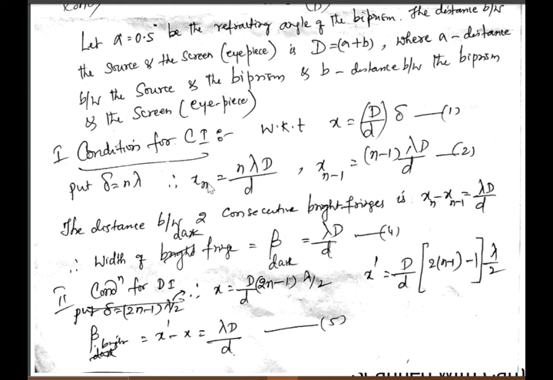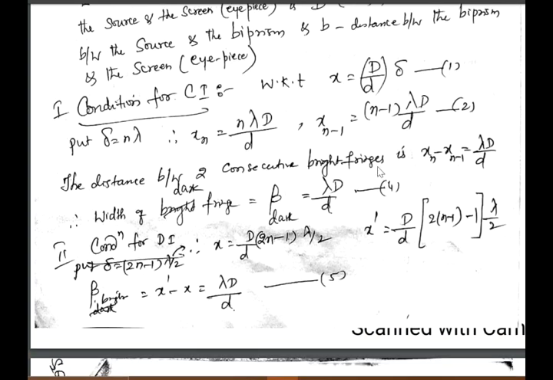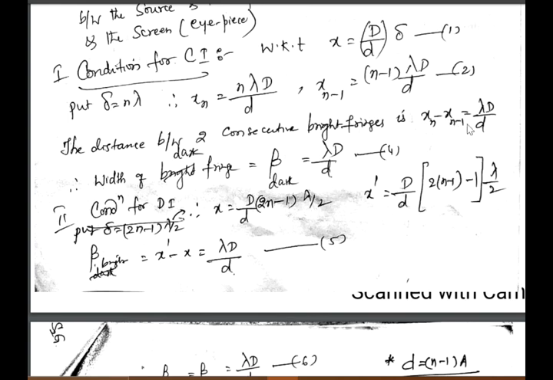Therefore, the distance of the nth bright fringe on the screen from the midpoint is given by x n is n lambda D by small d. Similarly, x n minus 1 is n minus 1 into lambda D by small d. That is equation 4. The distance between two consecutive bright fringes is x n minus x n minus 1. You will get, after simplifying, lambda D by small d. Therefore, the width of the dark fringe, which is in between two consecutive bright fringes, is given by lambda D by small d. So therefore, equation 4 gives the width of a dark fringe.